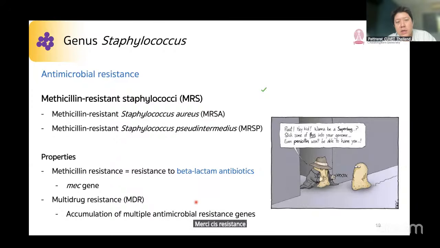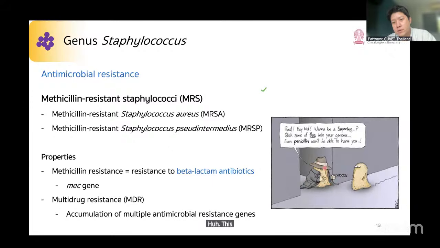Methicillin-resistant Staphylococcus can be multi-drug resistant, or MDR, by accumulation of multiple antimicrobial resistance genes in their genome, right? This picture is a cartoon showing that bacteria can transfer the antimicrobial resistance gene to others.